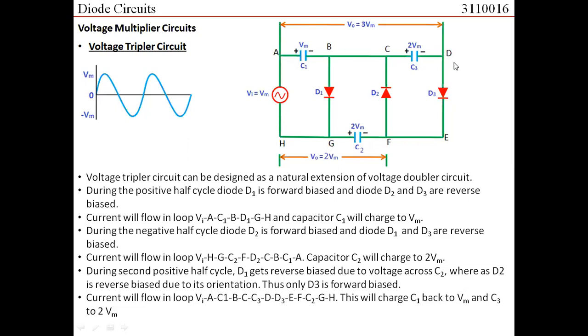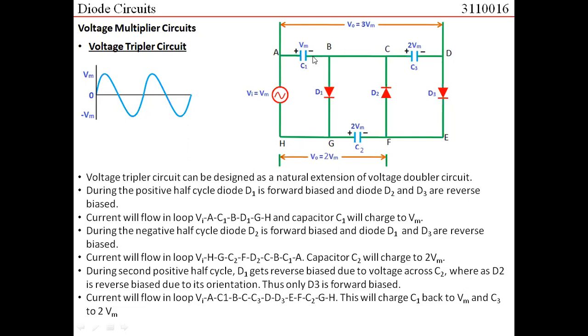So basically my loop is this, simply for understanding. Now in this loop, what is the value of the voltage that is acting? I have C2 which is charged to 2 Vm. I have the input voltage whose peak would be equal to Vm, and this would be in supporting condition because in the positive half cycle A would be positive and H would be negative, so negative and positive would be supporting.